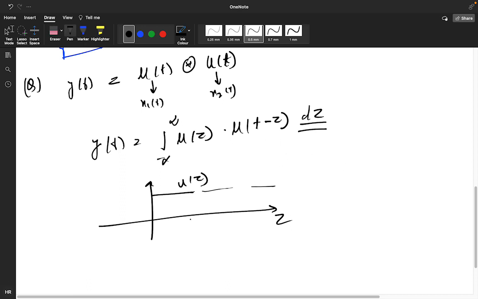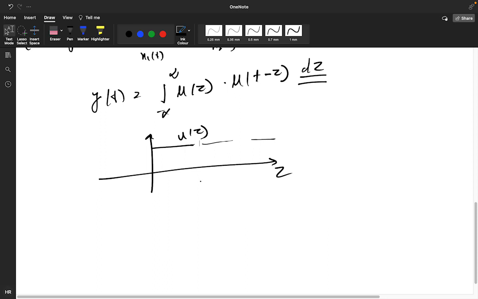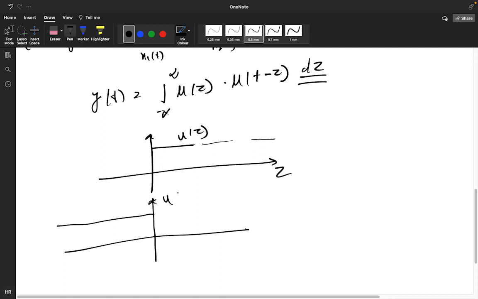I want to draw u of t minus tau. So first I will reverse this signal. If I reverse this signal, it will give me u of minus tau. Or directly I can do one thing: I will shift this signal by t, tau plus t.